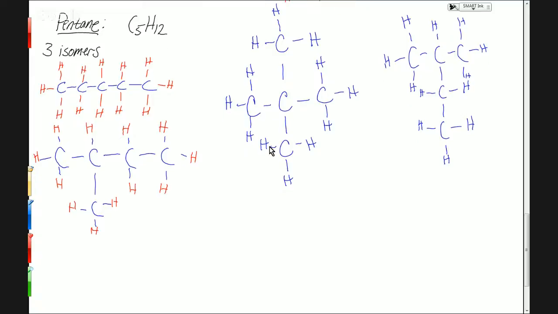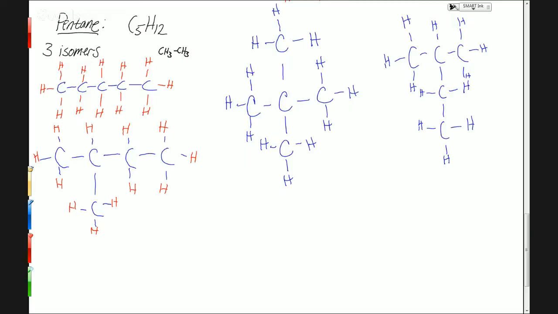To help with that, sometimes rather than draw it like this, it helps to draw the condensed structure. The only caution is to make sure your carbons still have 4 bonds, because it's really easy to accidentally draw a CH3 in the middle of a chain and have a carbon with more than 4 bonds when using the condensed structure. So this one here is going to be, let's see if I can fit it in here somewhere.